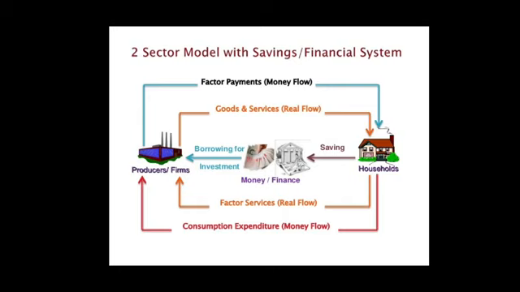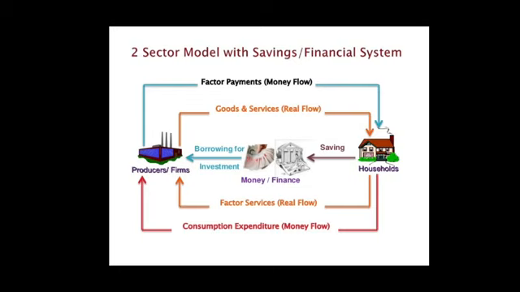The model here shows that households deposit their savings with the financial institutions and financial markets such as banks, insurance companies, cooperatives, stock markets, share markets, etc. And it is the business firms who borrow the savings of households from the financial institutions and from the financial markets for their investment purpose.